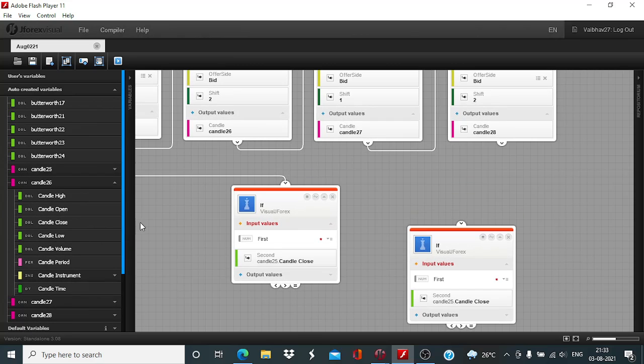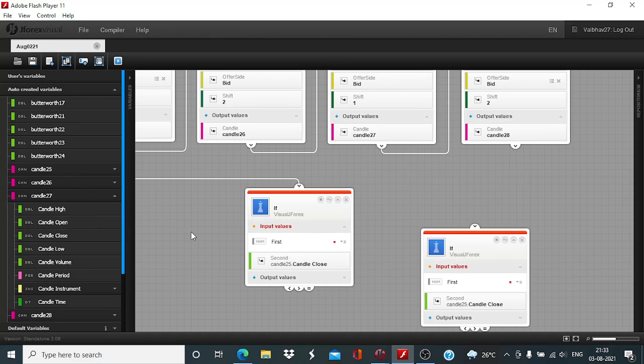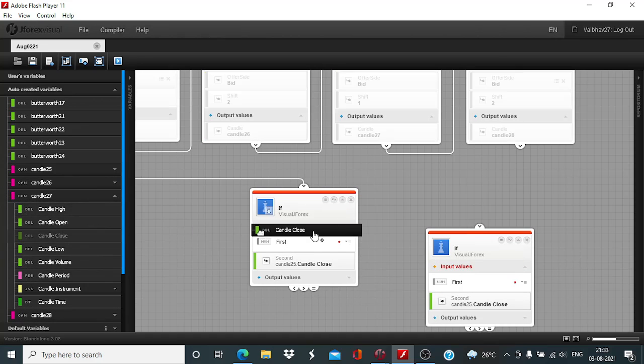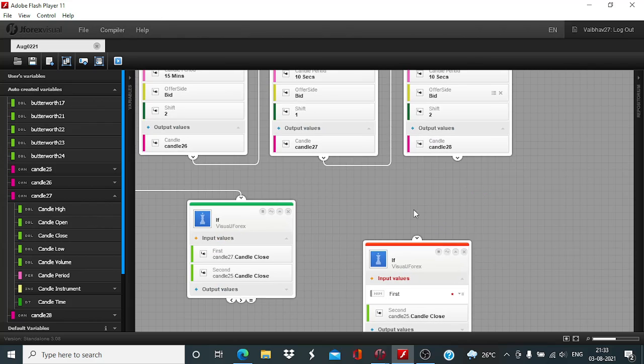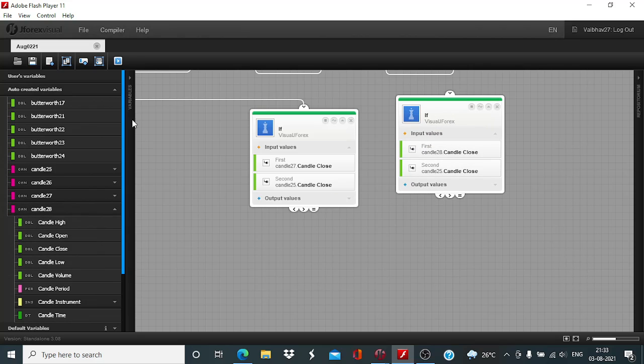Candle 27 candle close and candle 28 candle close. So this needs to be added.